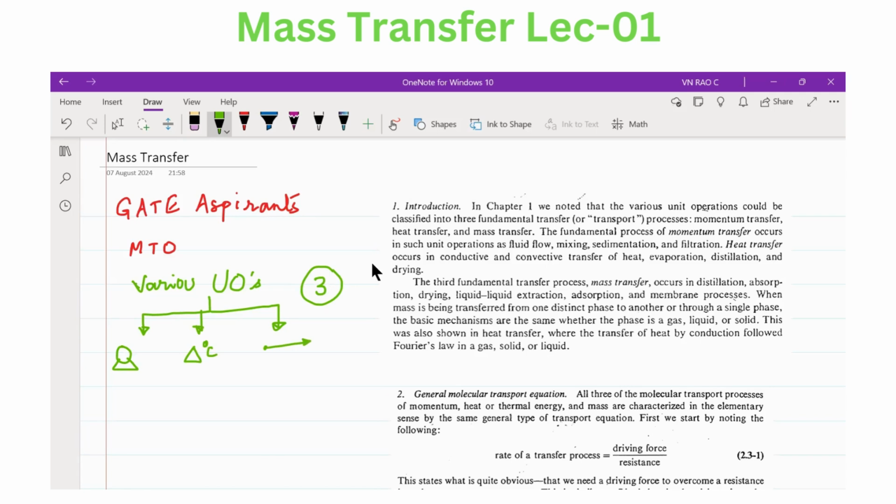So what is the first one? First one is momentum transfer. Second one is heat transfer. Third one is mass transfer. This is a basic fundamental understanding.